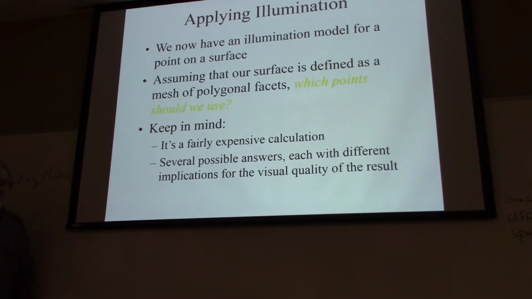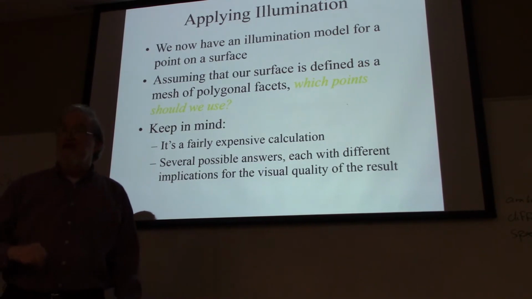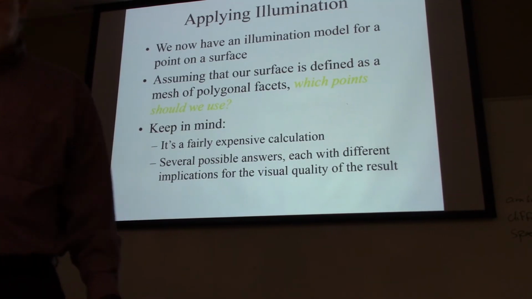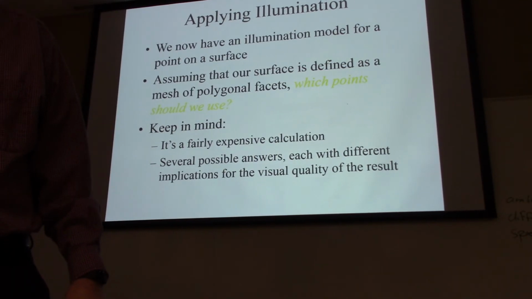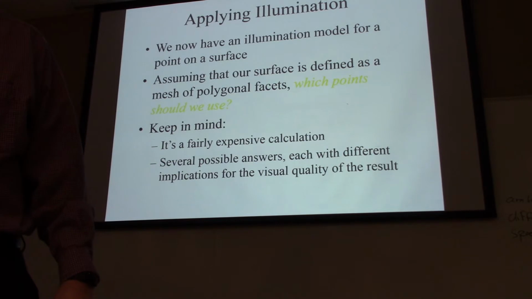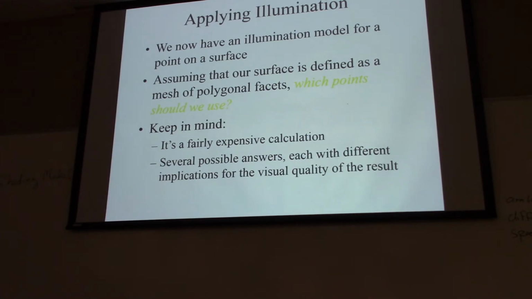Okay, so this talks about how you do it. And there's 3 different shading models, kind of in order from the simplest to enact to the most complicated to enact. By complicated, we mean the amount of equations that you have to calculate, right?